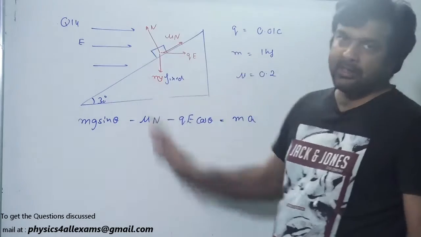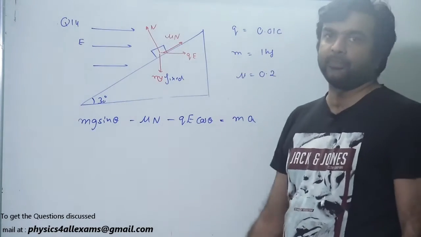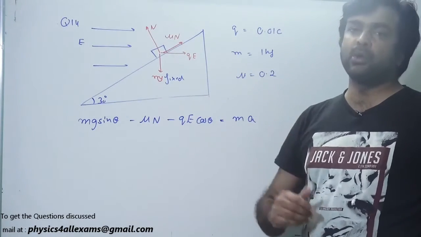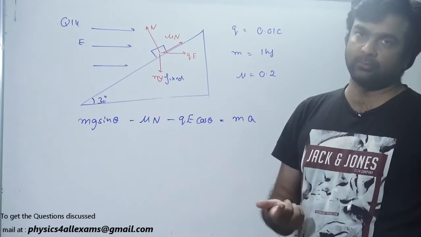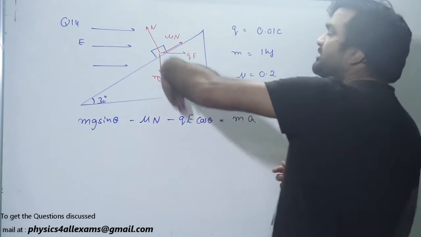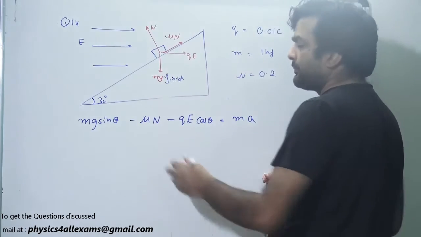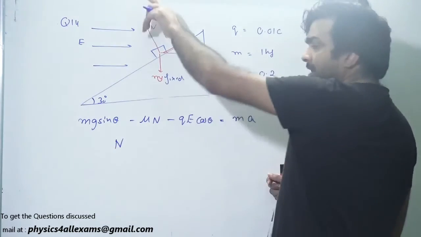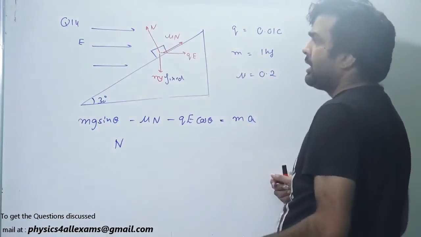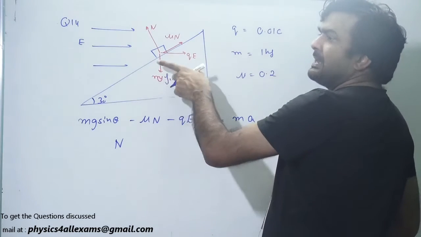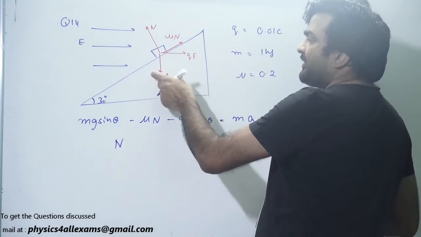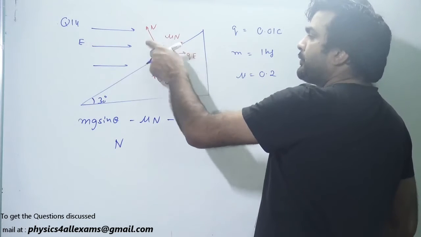Further, perpendicular to the incline there is no motion, so the net force perpendicular to the incline should be equal to 0. The components perpendicular to the incline are N, plus there is a component of mg and there is a component of QE also.